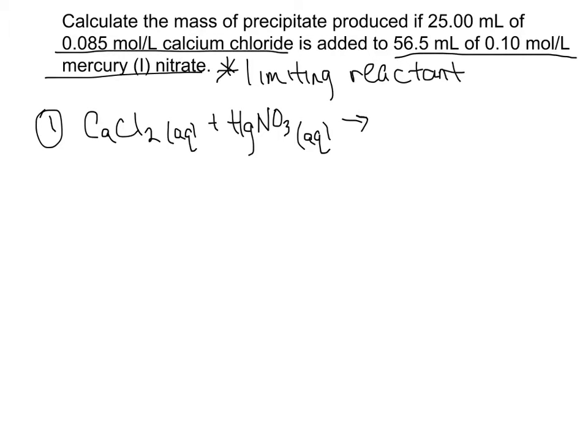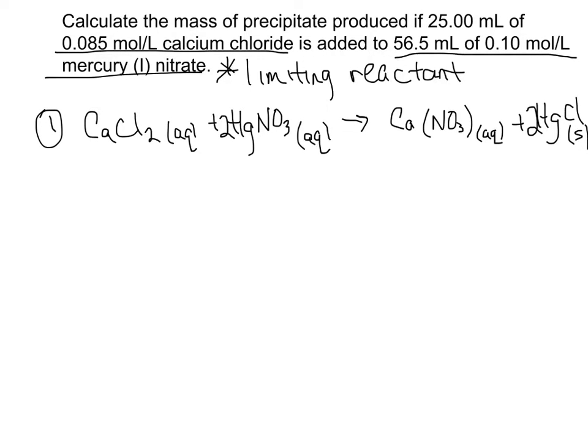That is going to produce, again, double displacement, so we're going to get calcium nitrate, which is aqueous, and mercury chloride, which is our precipitate. Balancing then, we need a 2 in front of the mercury(I) nitrate, and we need a 2 in front of the mercury(I) chloride. Everything else then is balanced.